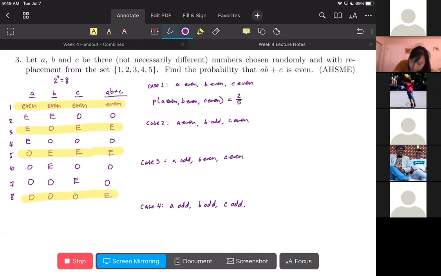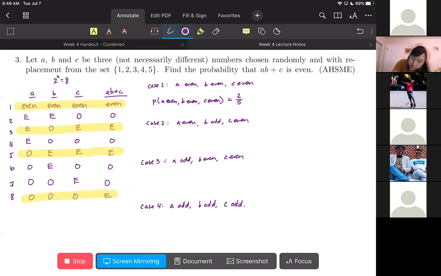Okay, so that's a probability that we pick one number and that's even. But here we want to pick 3 numbers and they're all even. So is there any changes that we want to make? Wouldn't that be 2 out of 5 all cubed?